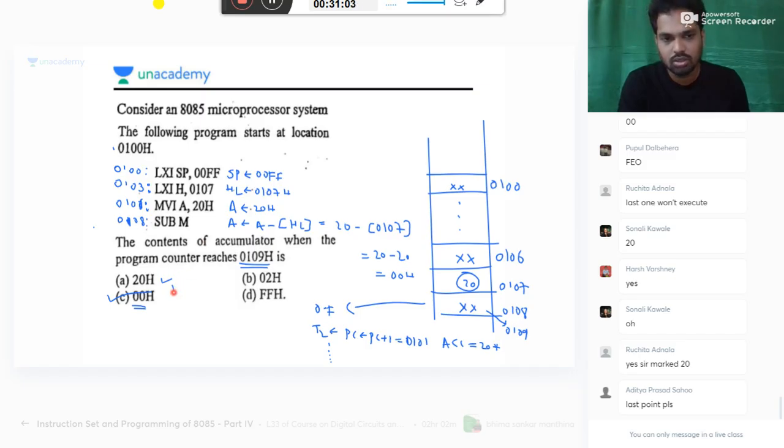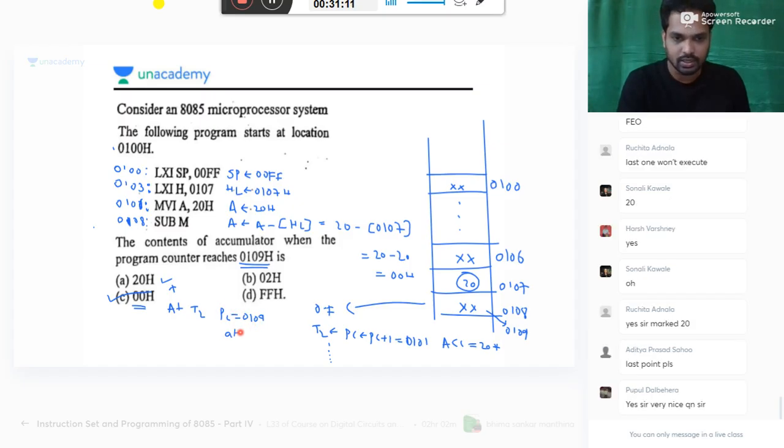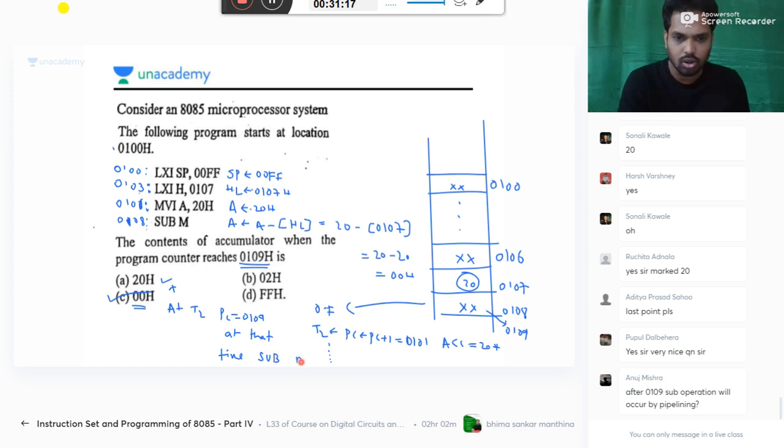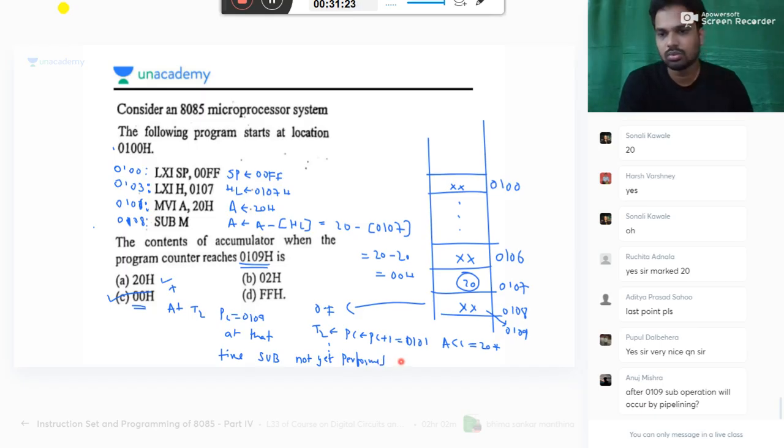Okay, at T2 your PC is equal to, at that time, okay, subtraction not performed. What happened? Power is not there.